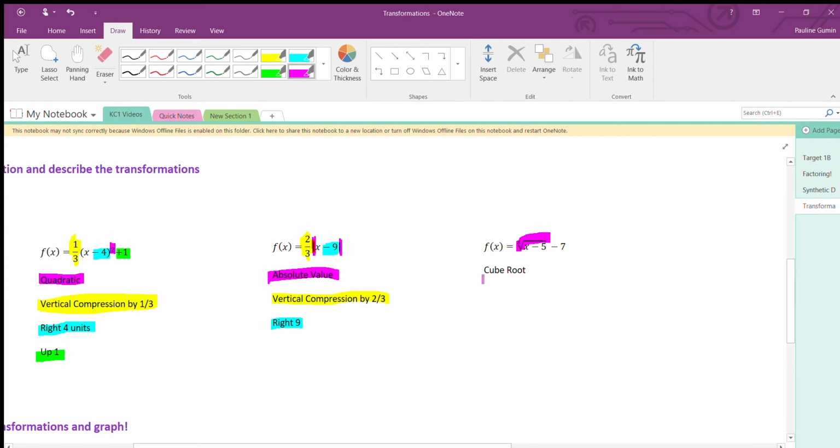Next, we have something underneath the root, similar to something being inside parentheses or inside the absolute values. -5 means right 5. And we have a -7 outside, which means down 7. Okie-dokie.